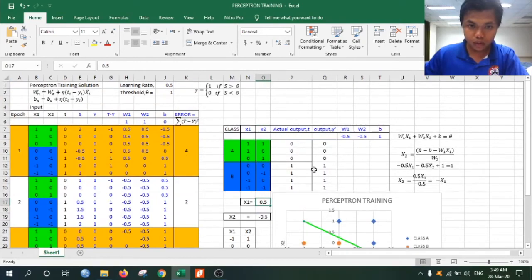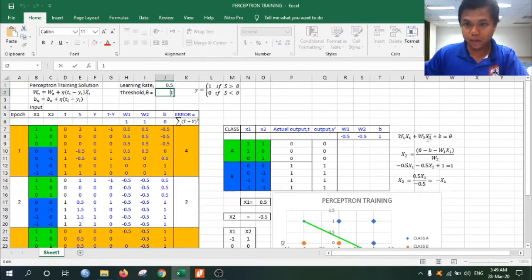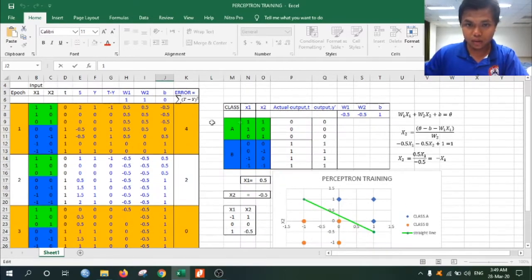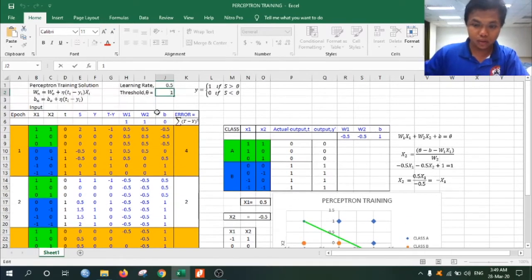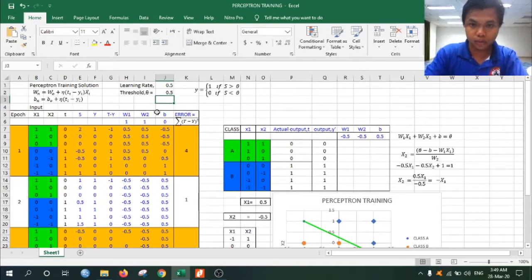One more thing. This is the threshold. As you can see, it has a big impact in this formula. If we change the threshold, we also change the values in the table. Let's see, we use threshold 0.5.